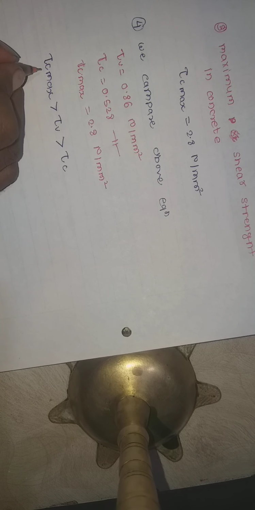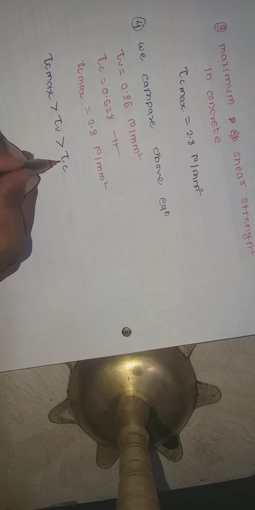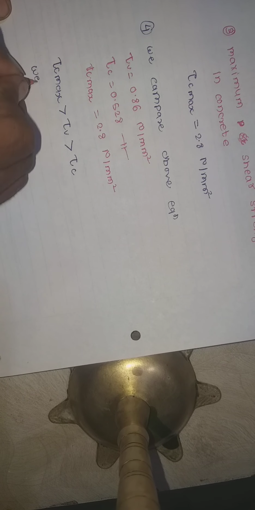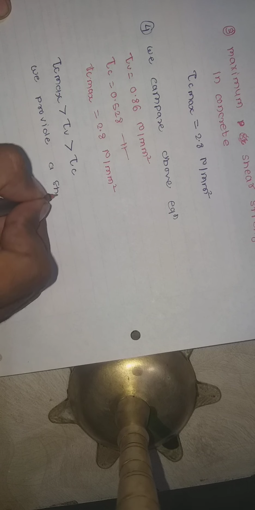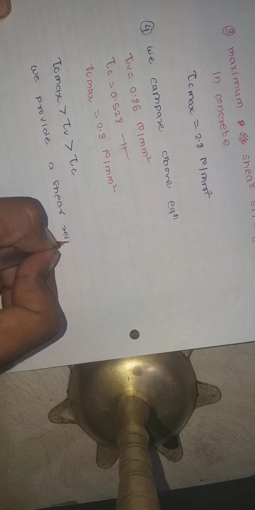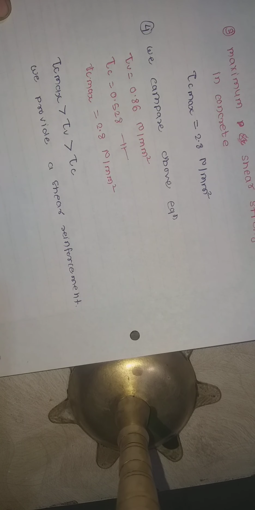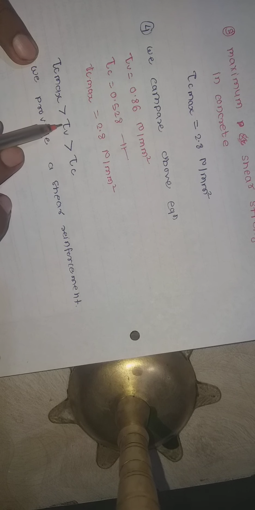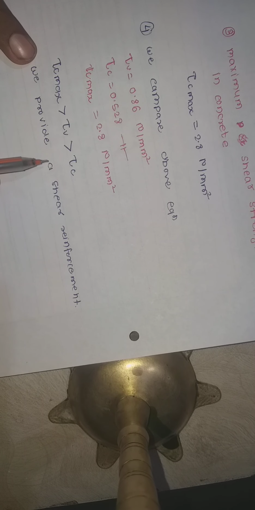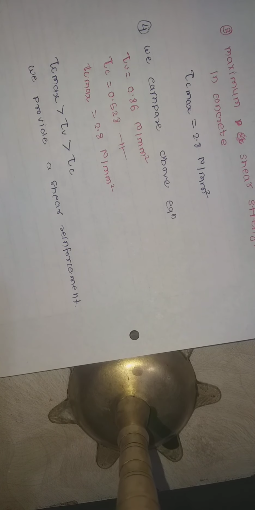For this condition we provide shear reinforcement. But if tau c is here and tau v is here, then we provide the minimum shear reinforcement.